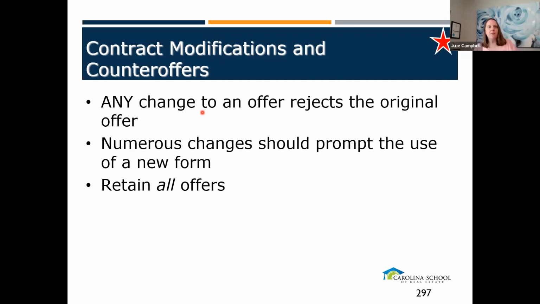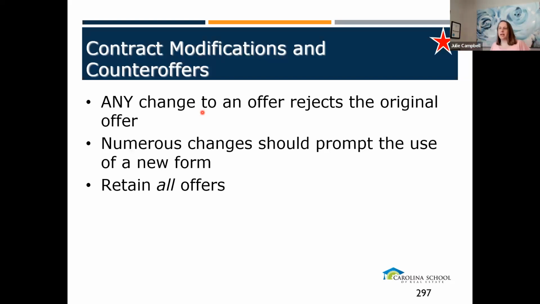So if we make enough changes and they're hard to read, we should use a new form. This would be a novation. If it gets hard to read, just do a new contract with all the newly agreed upon terms.